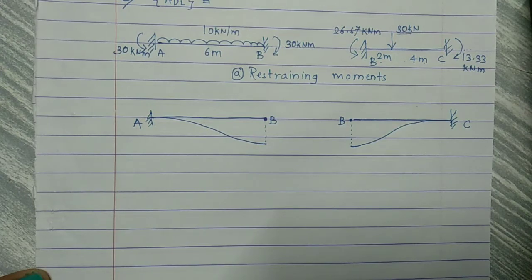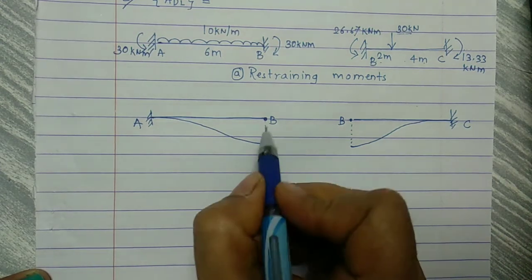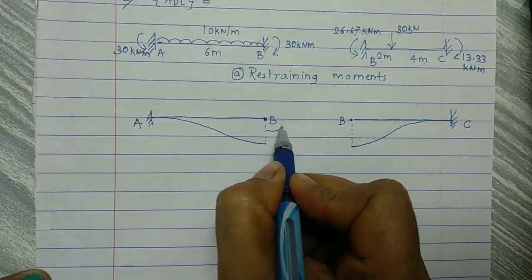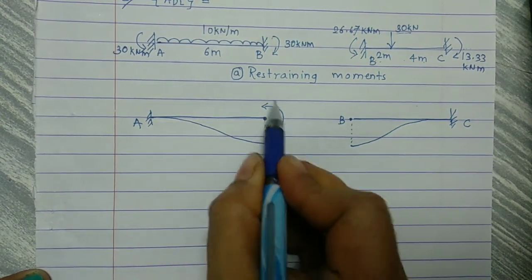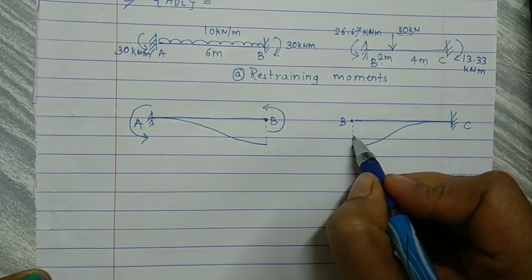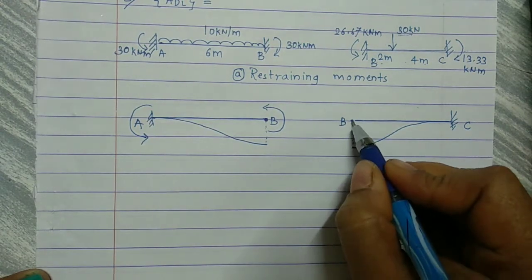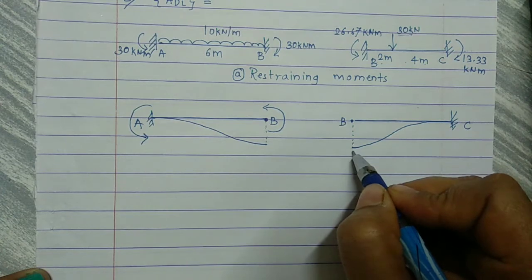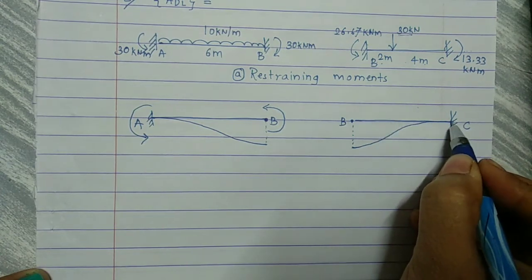Okay. So here as the deflected shape is drawn, now calculate the sinking moment and show the proper sign convention. For the AB member the moments will be in anti-clockwise direction, and for BC it is sinking this side. The left hand support is sinking in downward direction as compared to this C support.